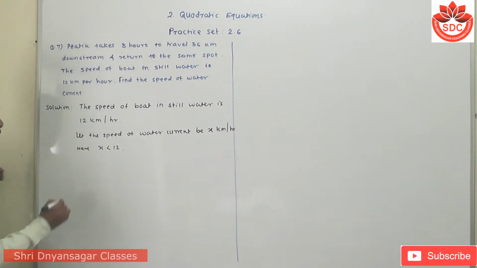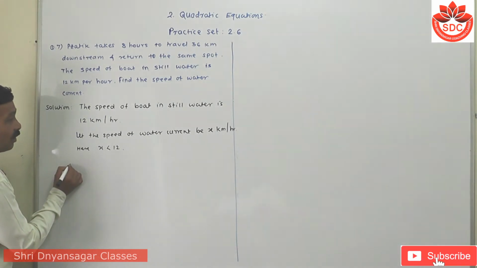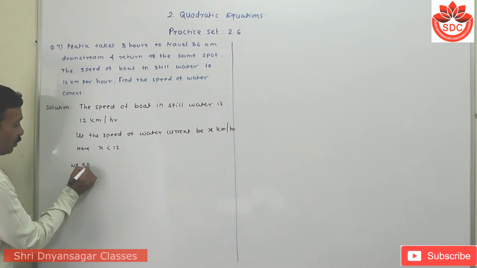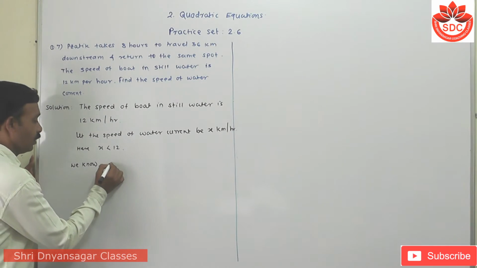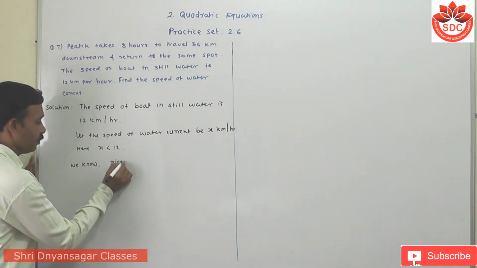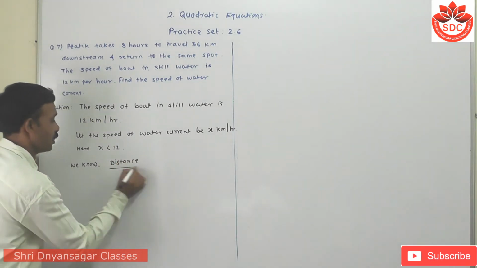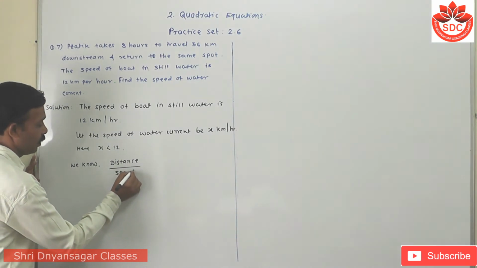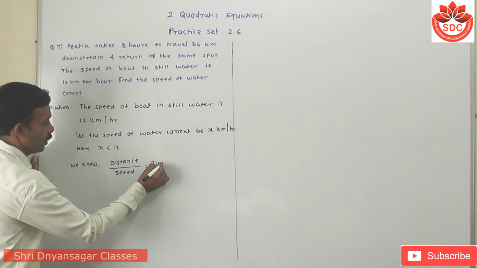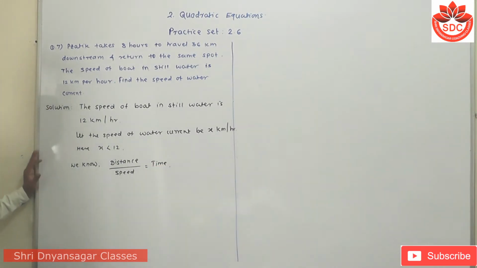We know the formula: distance upon speed is equal to time. By using this formula, we have to find these values.